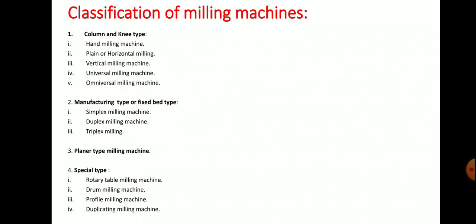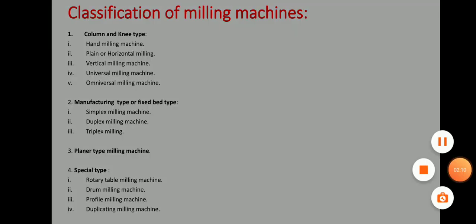Second one is manufacturing type or fixed bed type: simplex milling machine, duplex milling machine and triplex milling machine. Third one is planer type milling machine, and fourth one is special type, that is rotary table milling machine, drum milling machine, profile milling machine and duplicating milling machine.